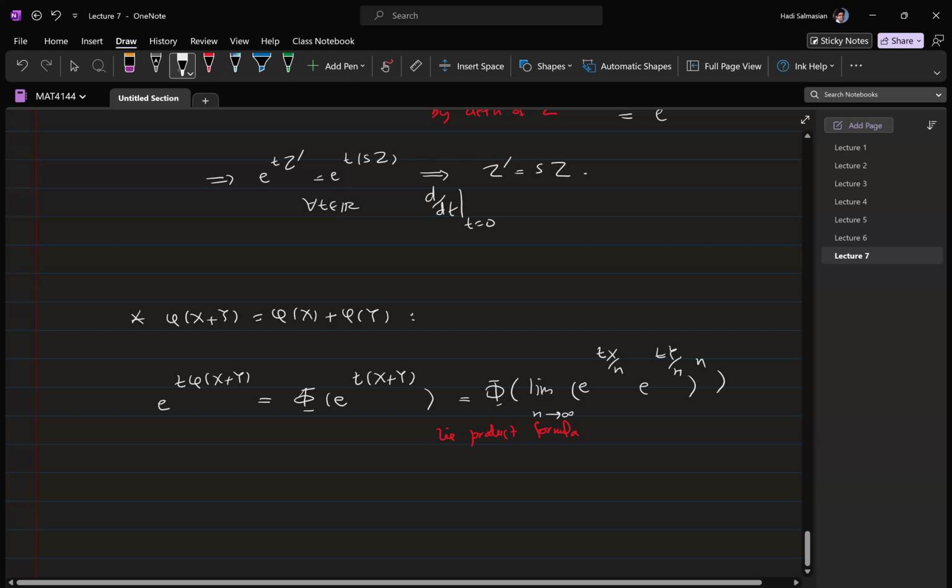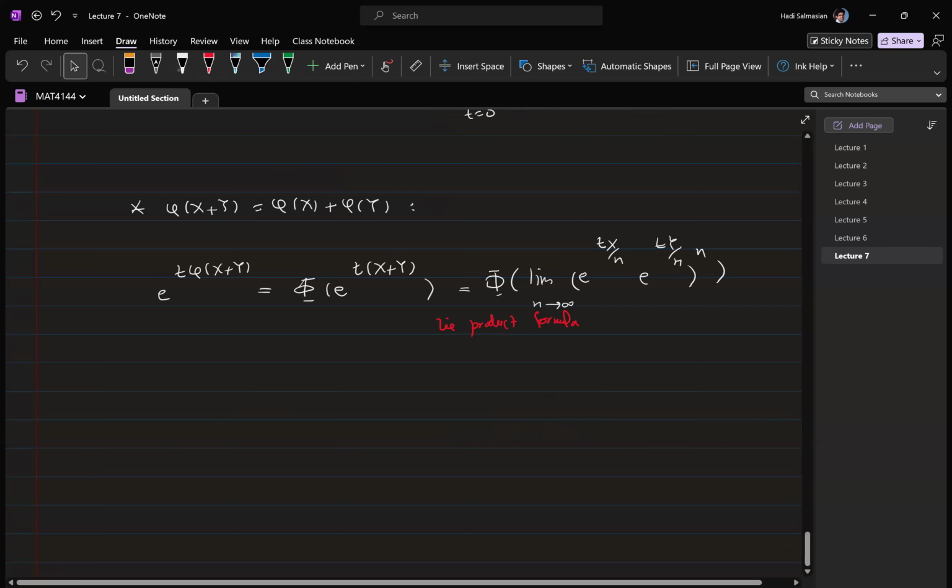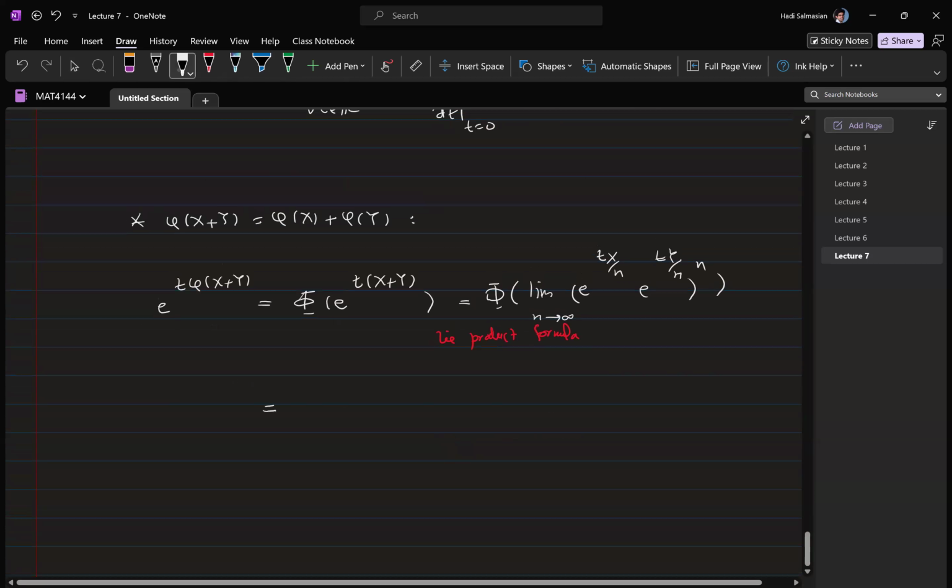Where's the limit? Oh, the limit is inside. Okay. So now phi is continuous, so the limit and phi commute, right? So I can write this as the limit as n goes to infinity of phi of e to the tx over n, e to the ty over n, to the power n.